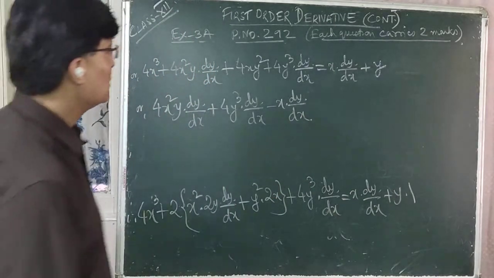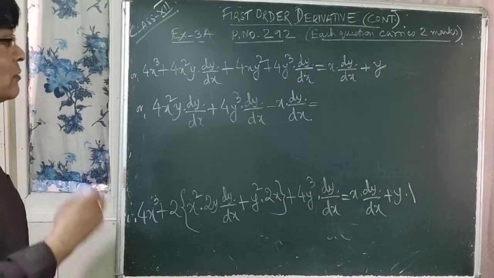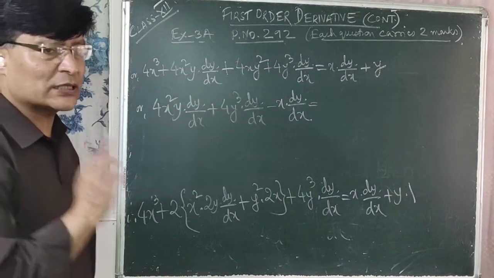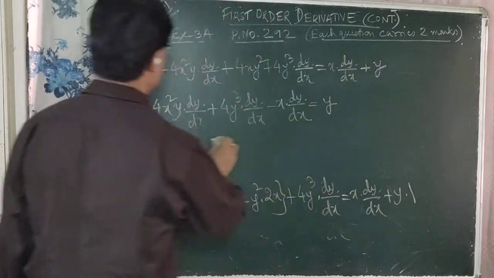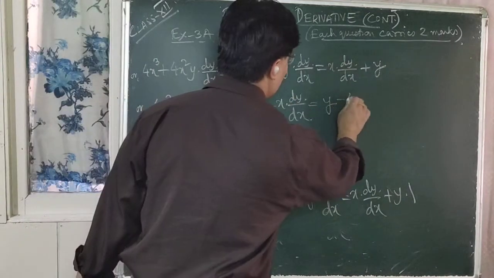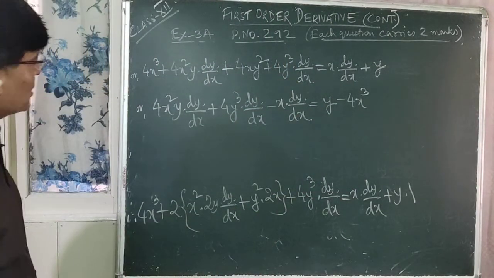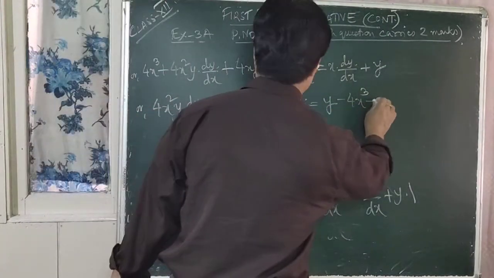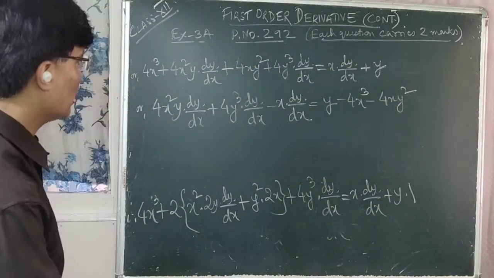Is it clear now? So which is equal to, now on the right hand side, you write down the terms which do not contain dy by dx. That means you should write y first, then minus 4x cube. 4x cube is taken to the right hand side, it becomes minus 4x cube, and then minus 4xy square.